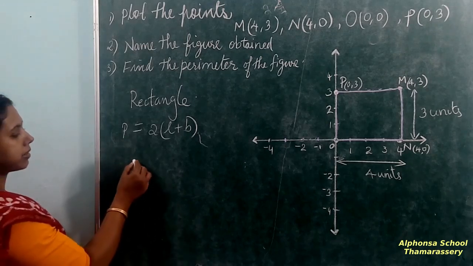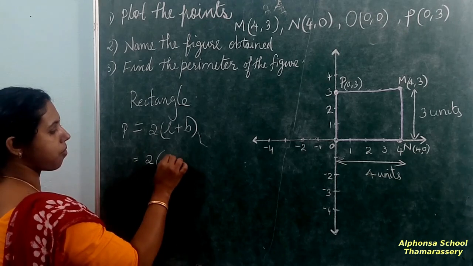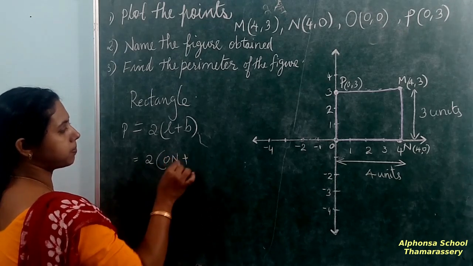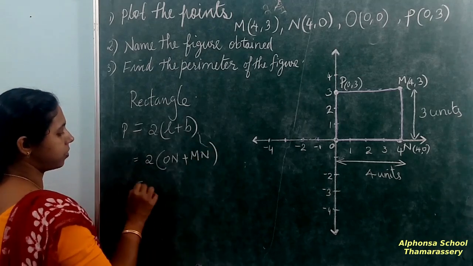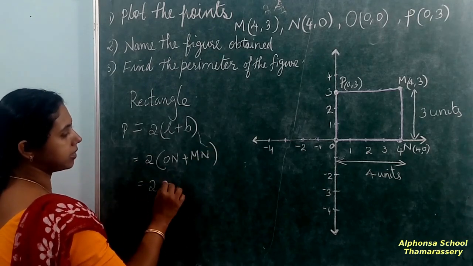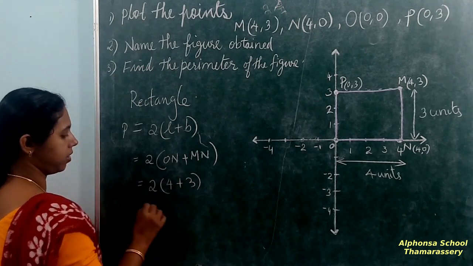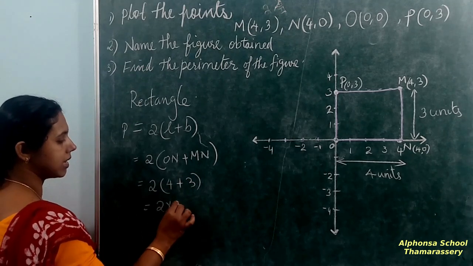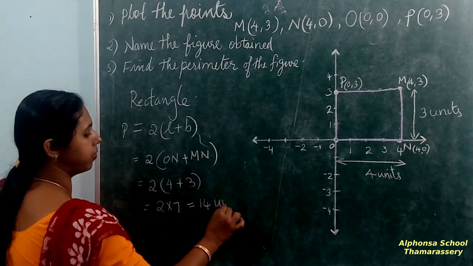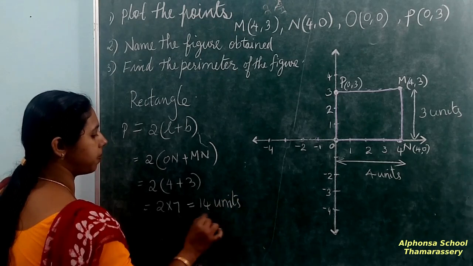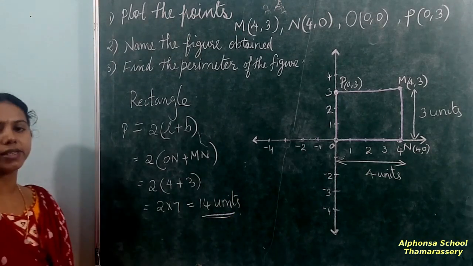The perimeter of the rectangle is 2 into (length plus breadth), that is 2 into (4 plus 3). So 2 into 7 is equal to 14 units. The perimeter of the rectangle is 14 units.